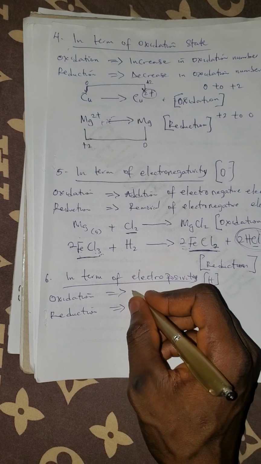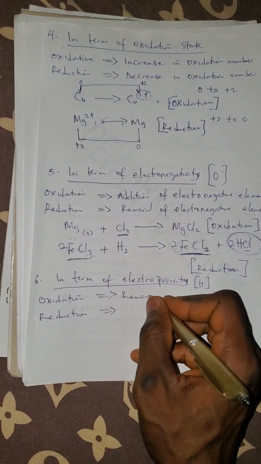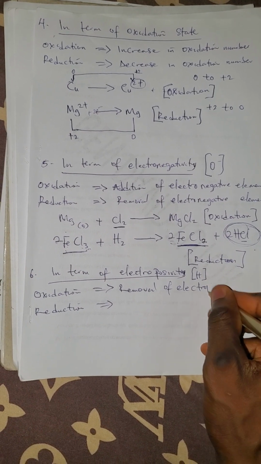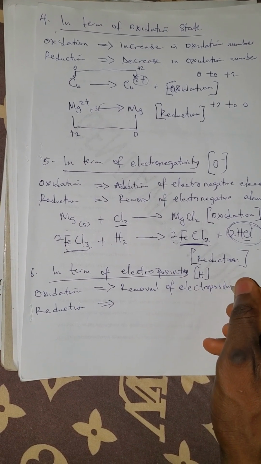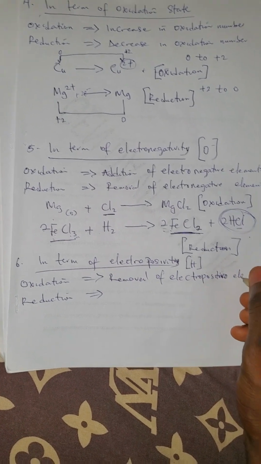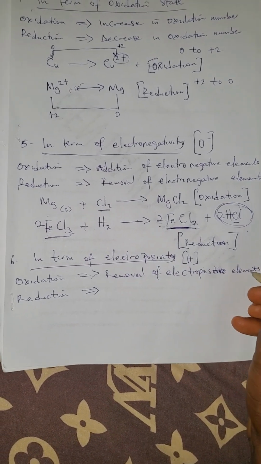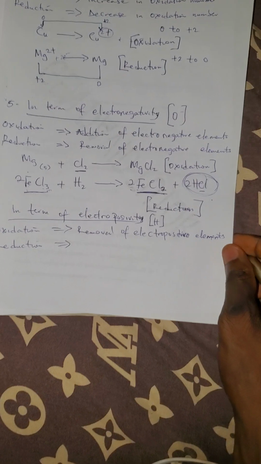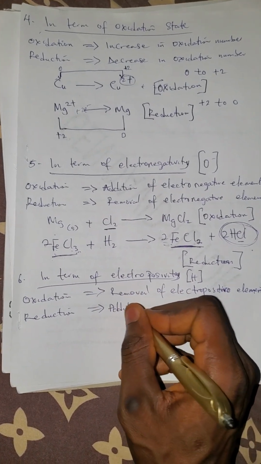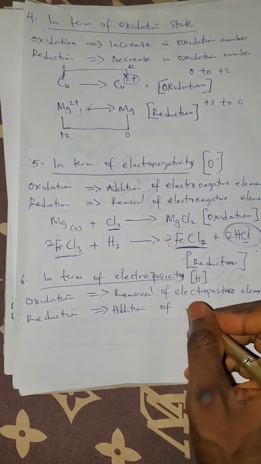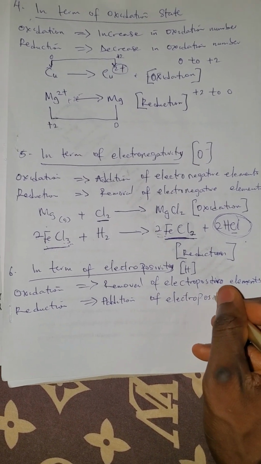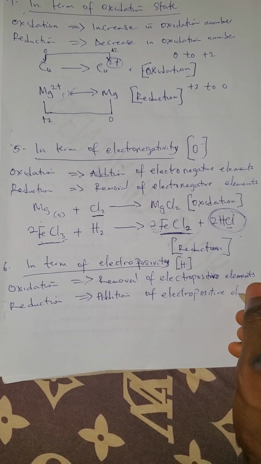So oxidation is removal of an electropositive element, whereby reduction is addition of an electropositive element.